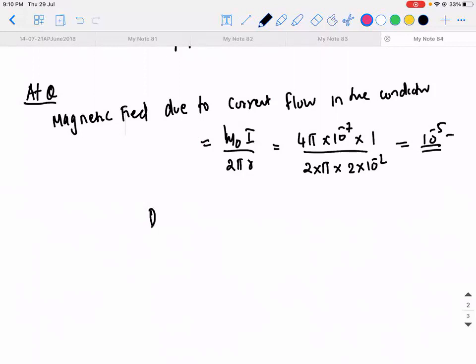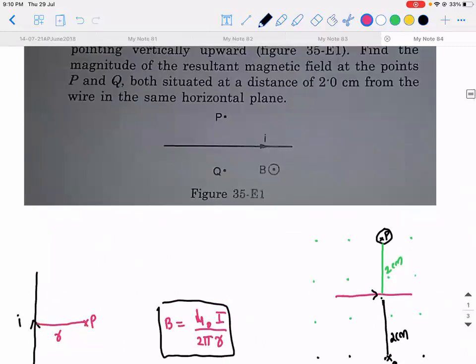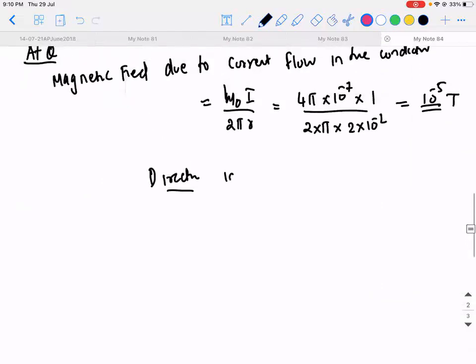So what about the direction? If we keep the conductor in our right hand, with the thumb pointing in the direction of the current, you can see that at Q the magnetic field lines are going into the plane, that is, downwards.